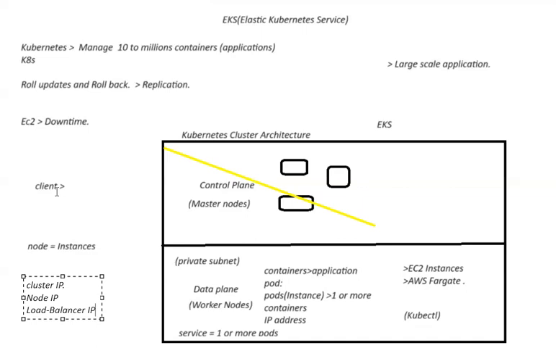Let's say, in order to provide access to my client, I have created my service for load balancer IP. Can this client access my whole service by using the load balancer IP address? Yes. The client can access it by using this load balancer IP address.